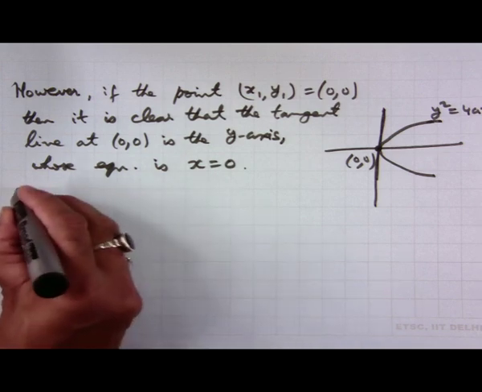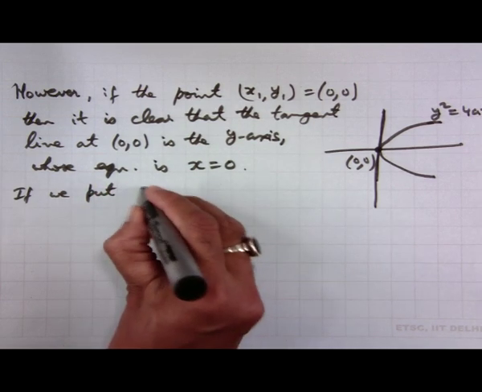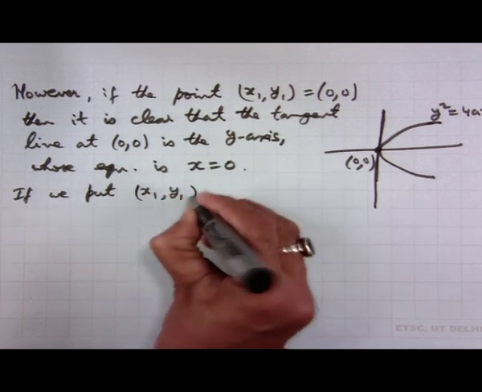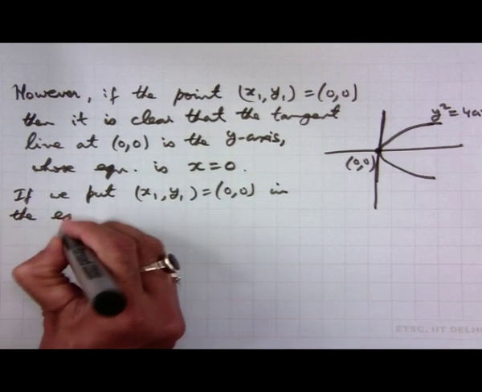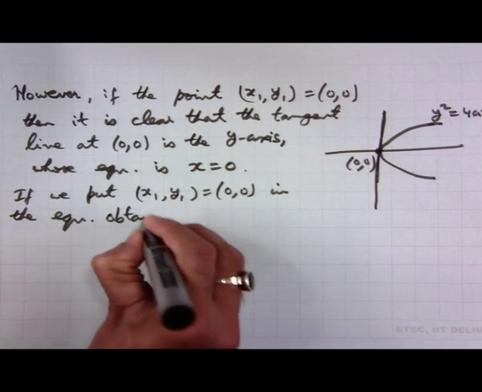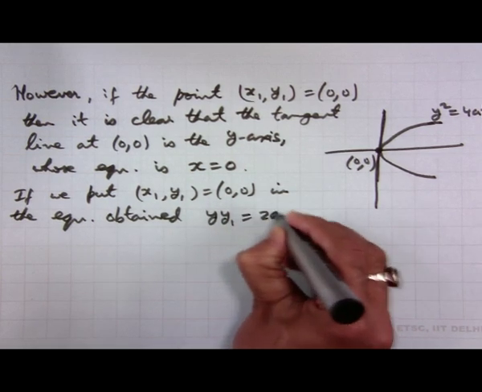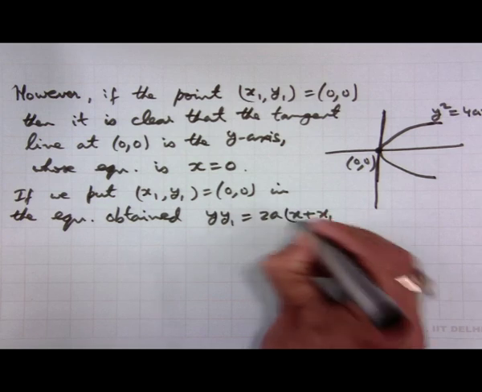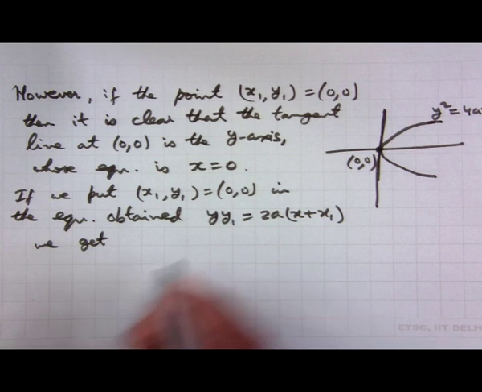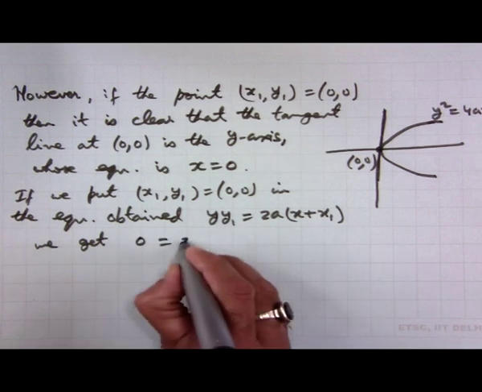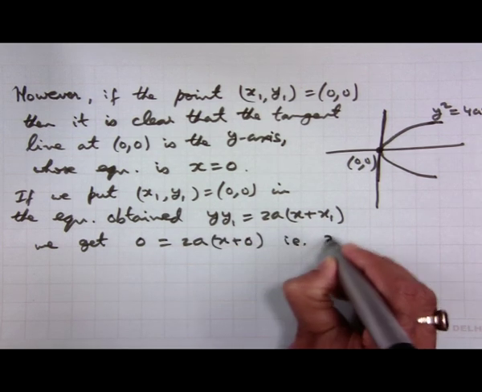So, if we put x 1 y 1 equal to 0 0 in the equation obtained, which was y y 1 equal to 2 a times x plus x 1, we get, left hand side is 0 equal to 2 a times x plus 0, that is x equal to 0.